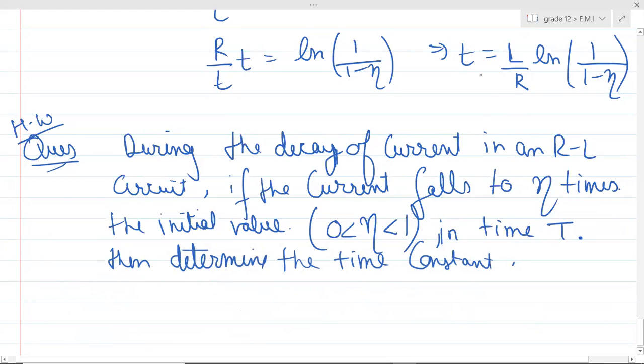So basically I have given you this time. This time is given as capital T, and you need to find the value of the time constant. Same type of question, but just the formulas will be different.